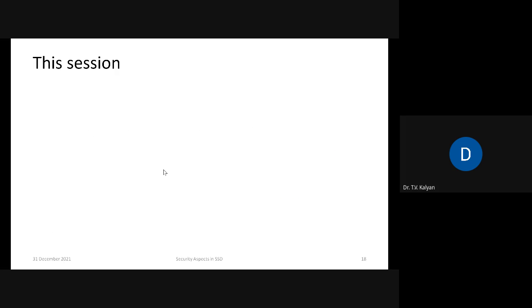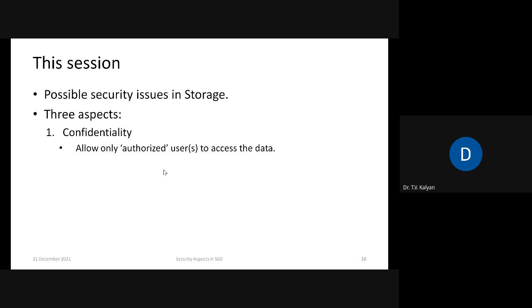So with this motivation in mind, in this session, we are going to look at the possible security issues that can happen in storage, right? Again, all these issues I'm going to put in three aspects. You have heard this time and again, the CIA problems, right? Confidentiality, that only the authorized user should be able to access the data.